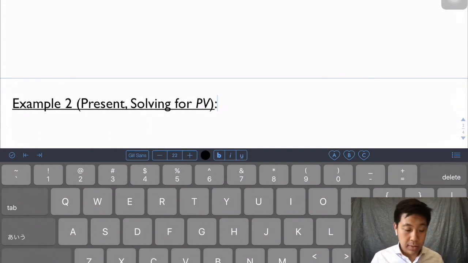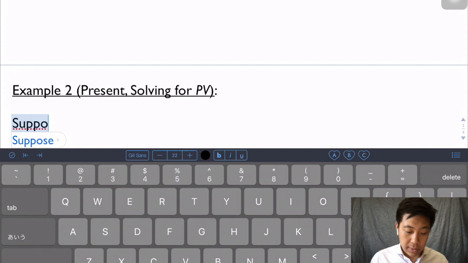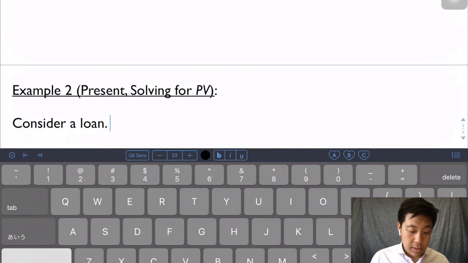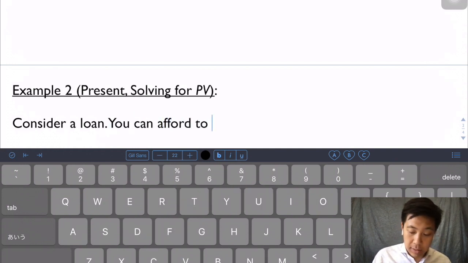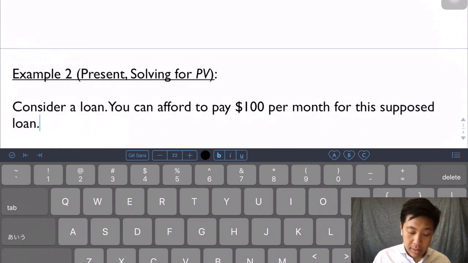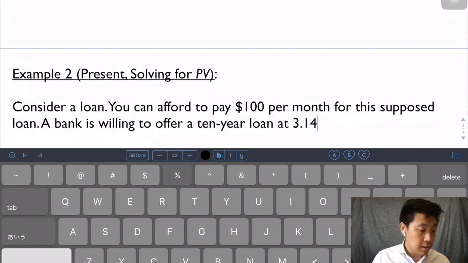So here's the problem now. Consider a loan. You can afford to pay $100 per month for this supposed loan. A bank is willing to offer a 10-year loan at 3.14% compounded monthly.